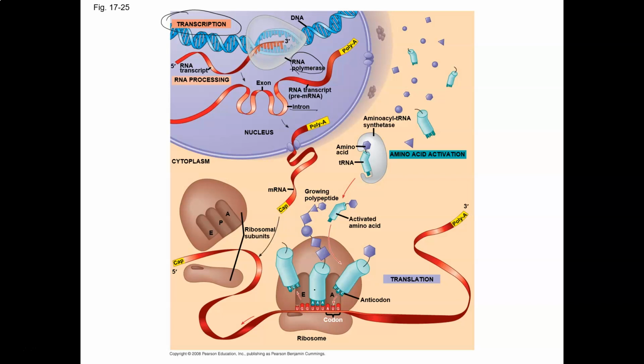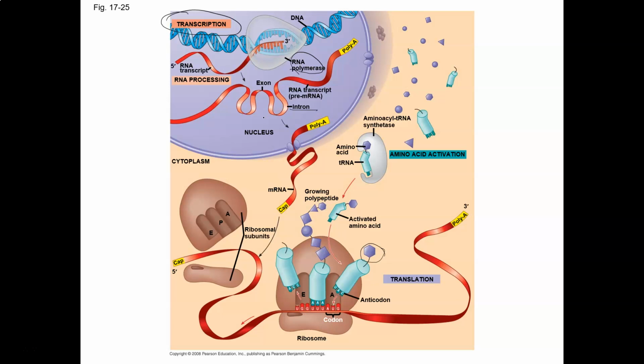Everything gets positioned with the E, the P, and the A sites, and then the loaded transfer RNAs, with their anticodons on one end and their amino acids on the other end, bring the correct amino acids over to build the new protein, all specified by the codons, the triplet code in the messenger RNA, which in turn is just carried from the DNA itself.